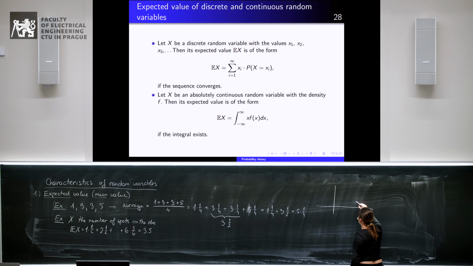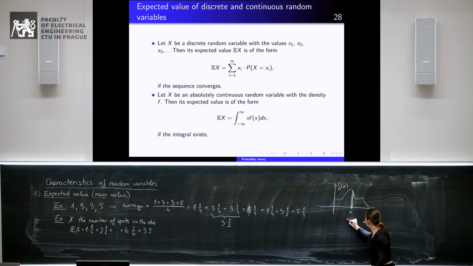When we have density, then we know that the probability of each value a is equal to 0, because it is the area of this line segment, and the area of a line segment is equal to 0. But the probability that we obtain some value close to a is the area of this object.